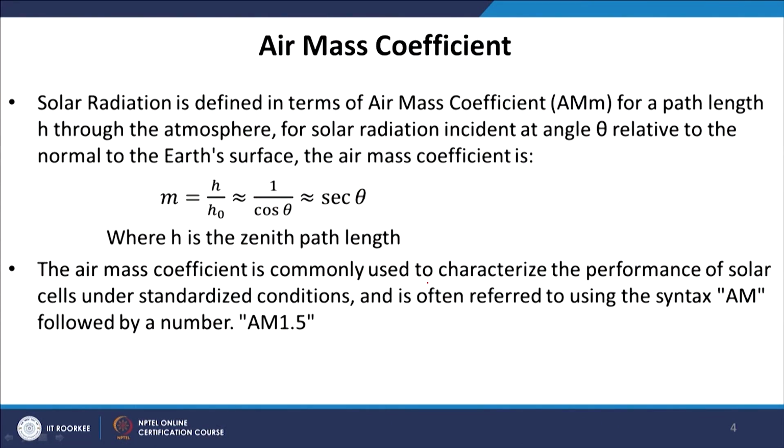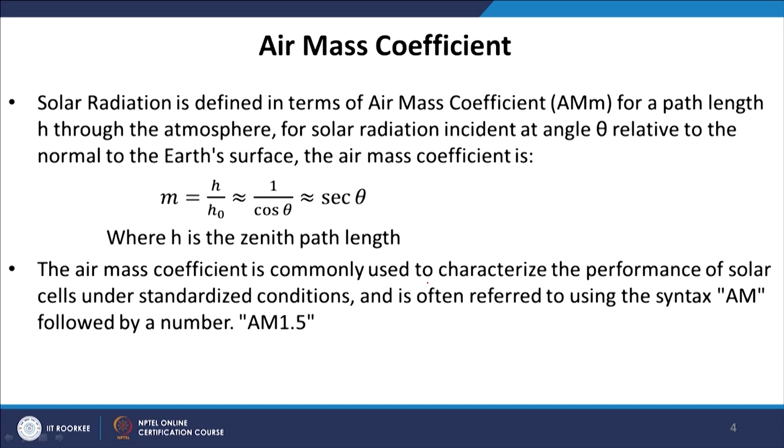Now, in this perspective, we need to know some terminology. One of the very important terminologies in solar photovoltaics is the air mass coefficient. Very often it is called AM, which stands for air mass. Solar radiation is defined in terms of the air mass coefficient, which is defined in terms of the path length through the atmosphere.